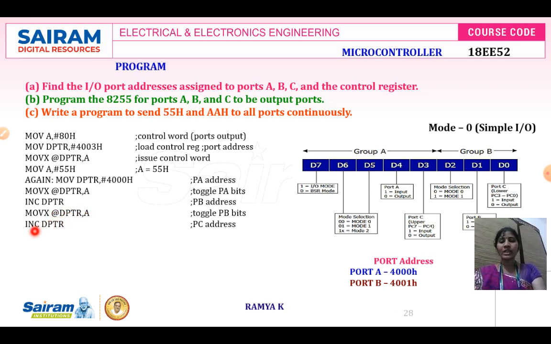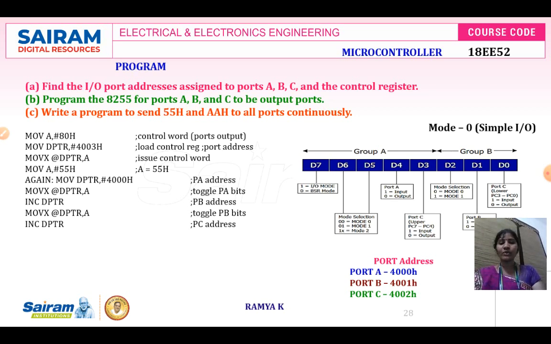Next I need to increment my data pointer to load the data in port C. The port C address is 4002, and after executing this INC DPTR, the data pointer content is incremented to 4002 and it represents your port C address.